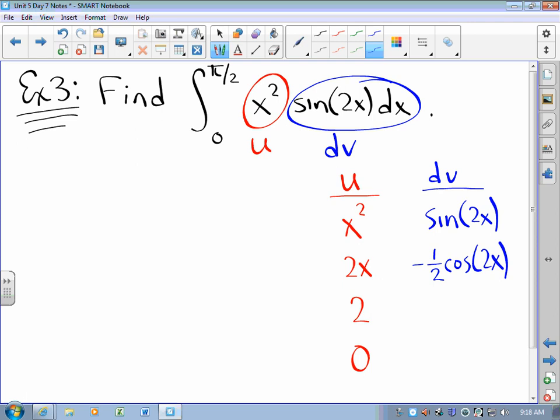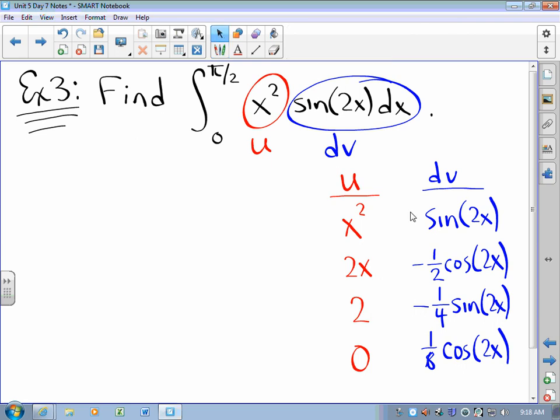So antiderivative of negative cosine is negative sine, but we're going to divide by another factor of 2, and then antiderivative of negative sine is positive cosine, and we're going to divide by another factor of 2.